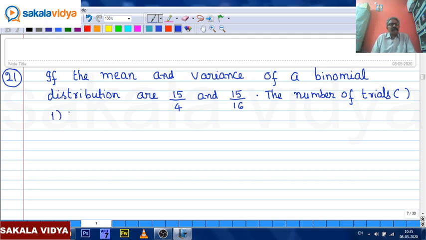First option is 5, second option is 2, third option is 4, fourth option is 6.